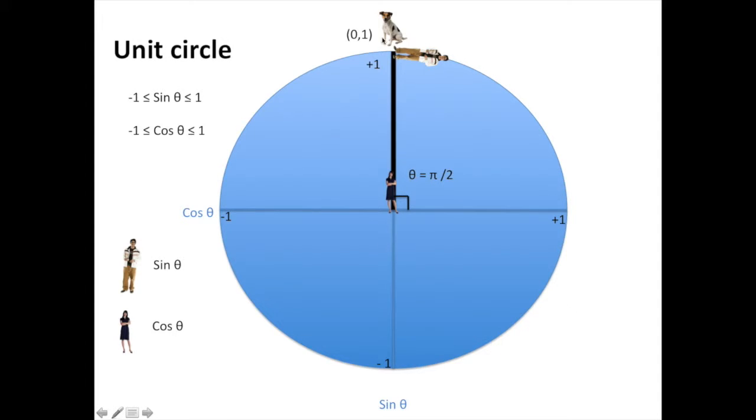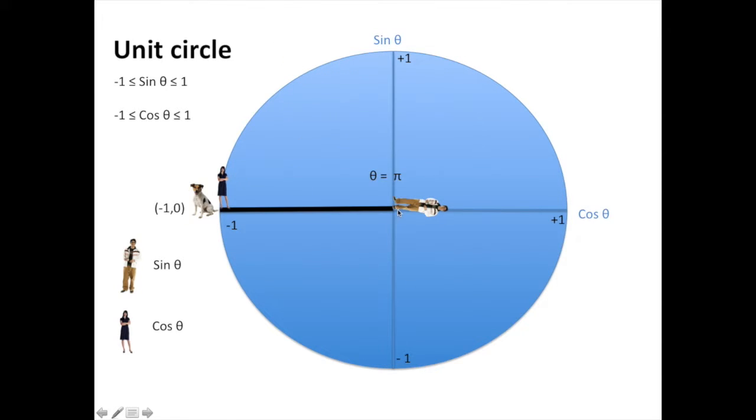Now the dog is going to proceed to the second quarter, and this man and this woman are going to follow him. So in the second quarter, Miss Cosine moves from the origin to -1, which is her minimum value here, and Mr. Sine comes from +1 to 0.